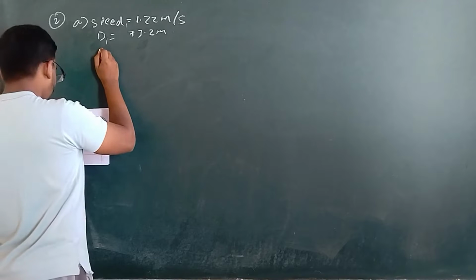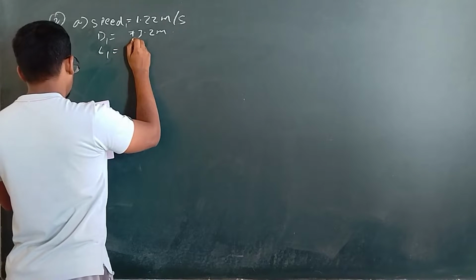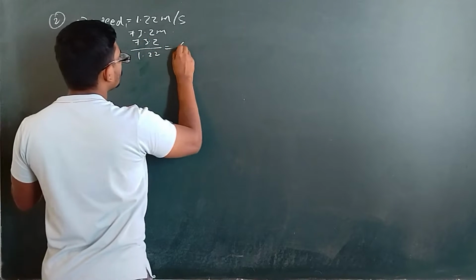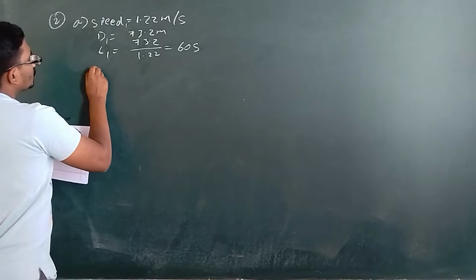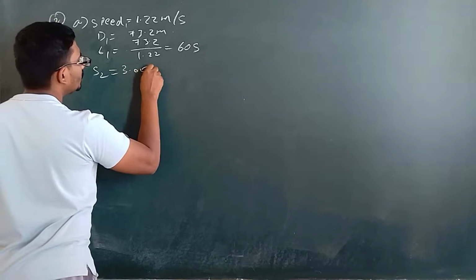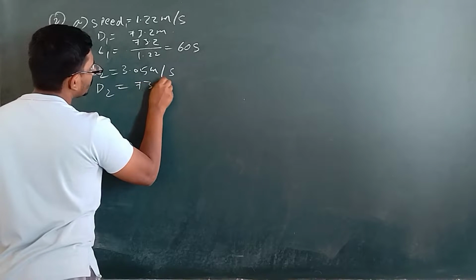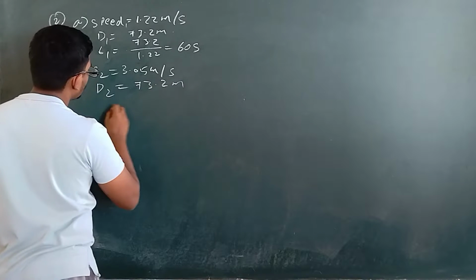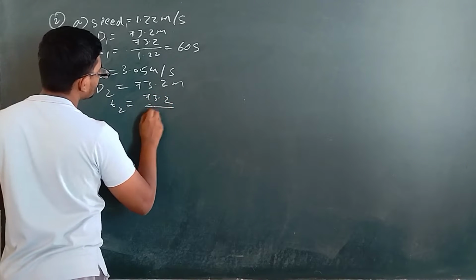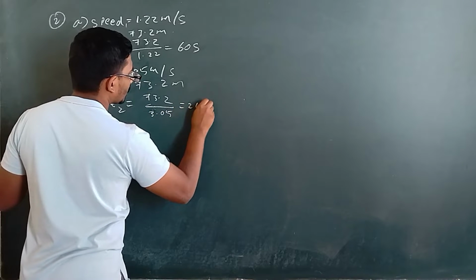Okay, in the same way, the total time taken here is 73.2 divided by 1.22, which is equal to 60 seconds. So speed 2 is 3.05 meters per second and d2 is the same 73.2 meters. So the total time for this case is 24 seconds.